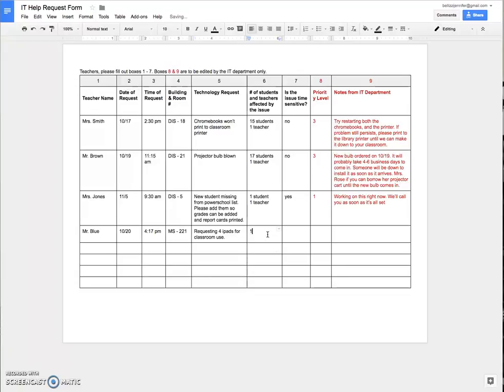There's one teacher, and let's say he teaches grades 5 through 8. So he has one teacher, and he's got about 300 students. So these 300 students could benefit from having iPads in his classroom. Even if it's only 4, he can use them for group work, something like that.